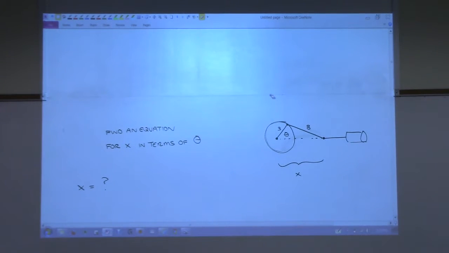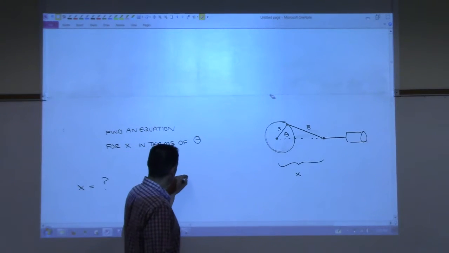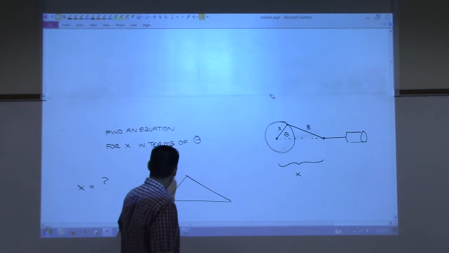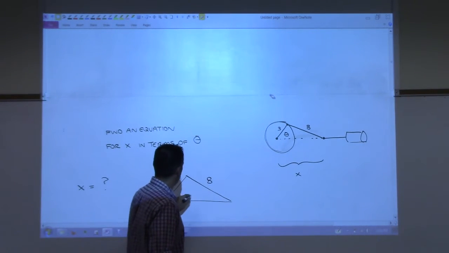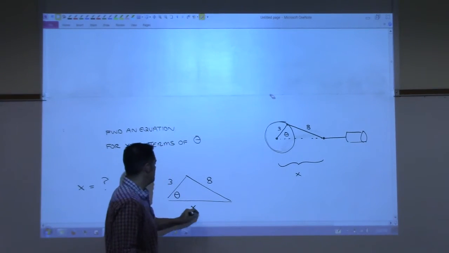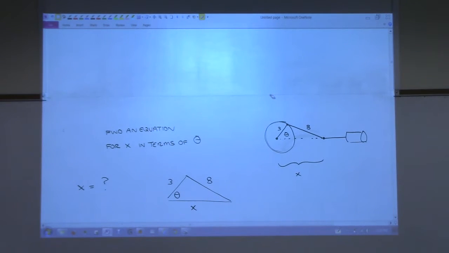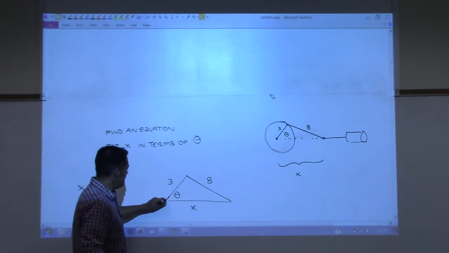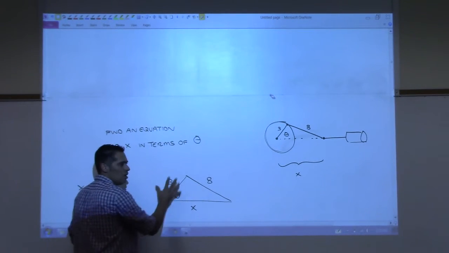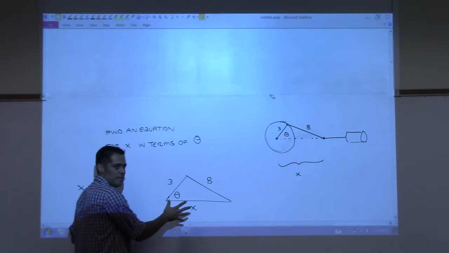Do you see a triangle at all in here? Do you see this triangle? If you see that triangle, then there's got to be something that relates these all together, right?